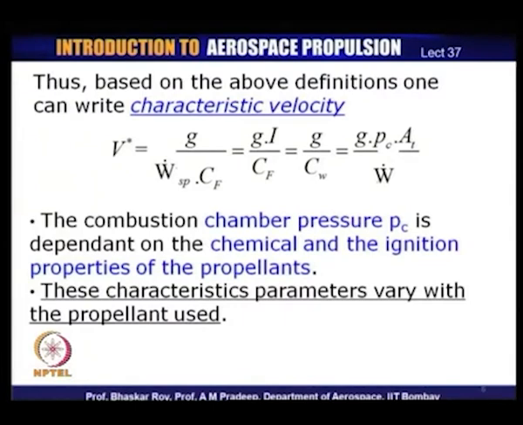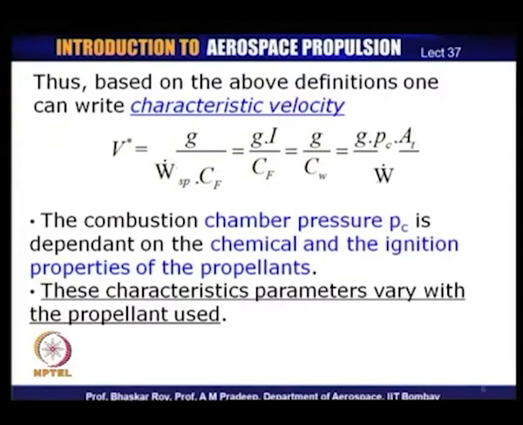It can also be expressed in terms of simply G by weight flow coefficient, that is C subscript W. So, these are simple ways of characterizing a rocket engine, which in many literature is often also referred to as rocket motor. So, these are the characteristic terminologies which are normally used to characterize a particular rocket engine.